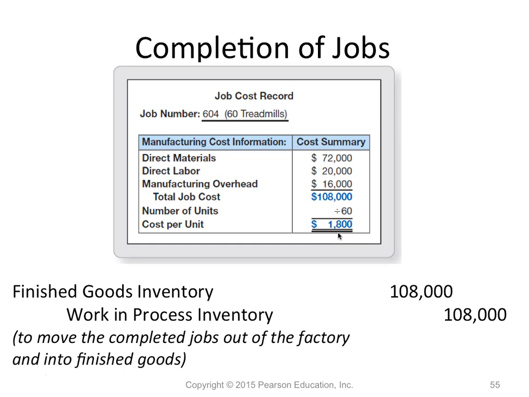And when we do this, finished goods will be increasing by 108,000, because we finished this one. So 108,000 total for the job goes to finished goods, and work in process inventory will go down by the same amount by crediting that.